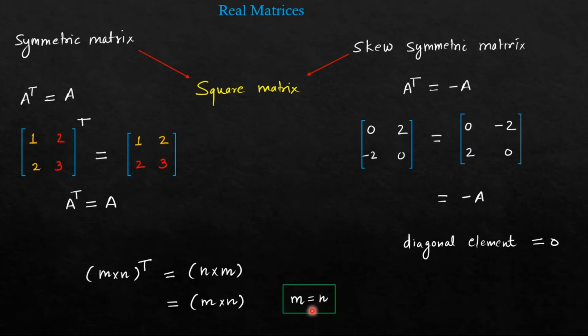And we know that when m is equal to n, that means the number of rows equals the number of columns, the matrix is called a square matrix. So the symmetric and skew symmetric properties are valid for square matrices. Now what are some matrices which are essentially symmetric? Let me take A plus A transpose upon 2.